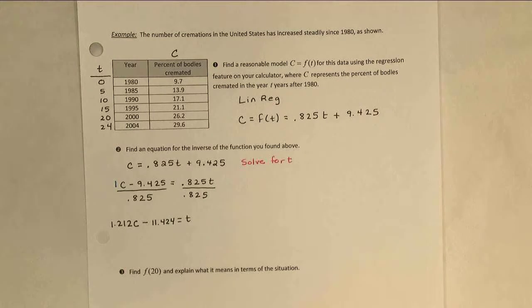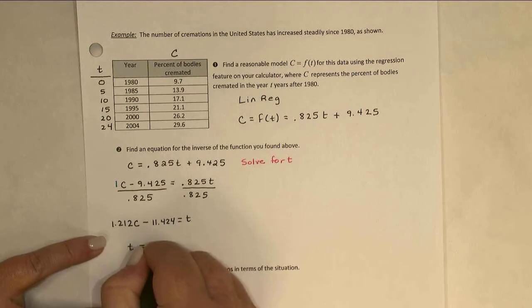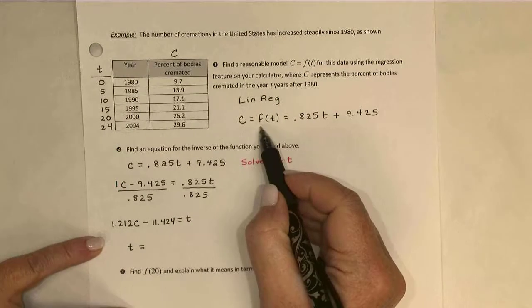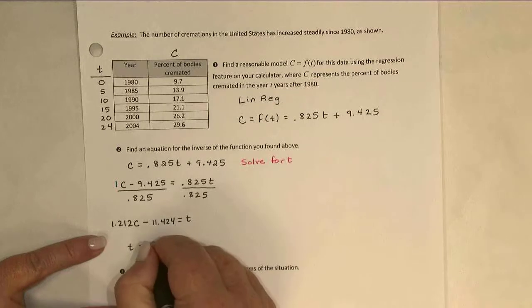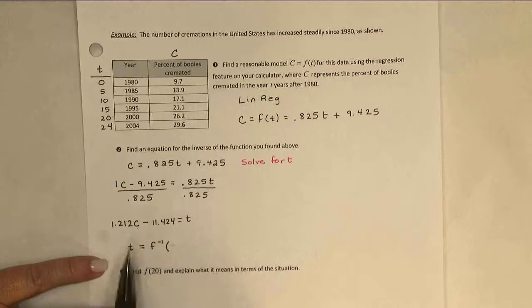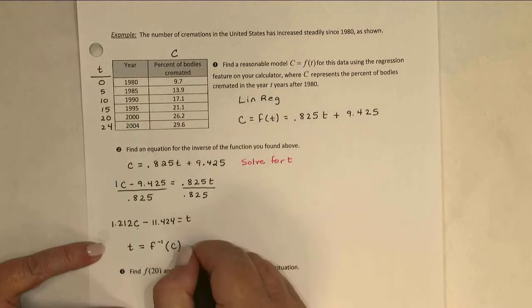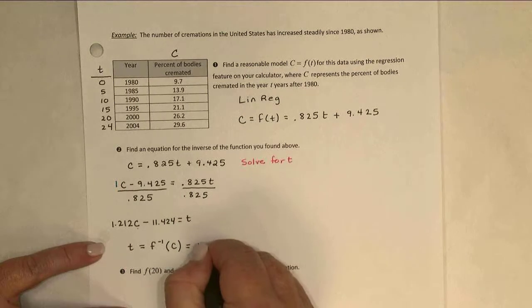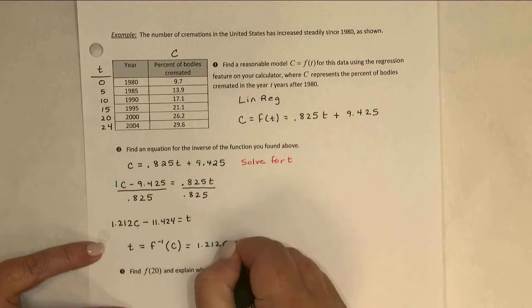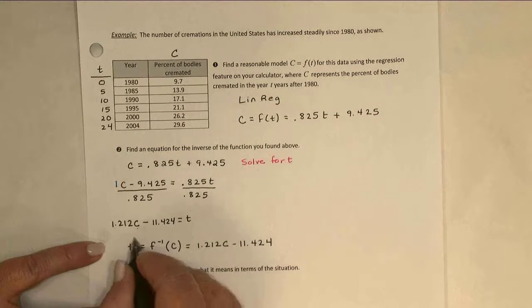All right. Now that that's solved for T, I can call that my inverse function. So I'm going to write that as T equals, the original function was f, so this will be f inverse of C. My input variable is now C. And there it is.